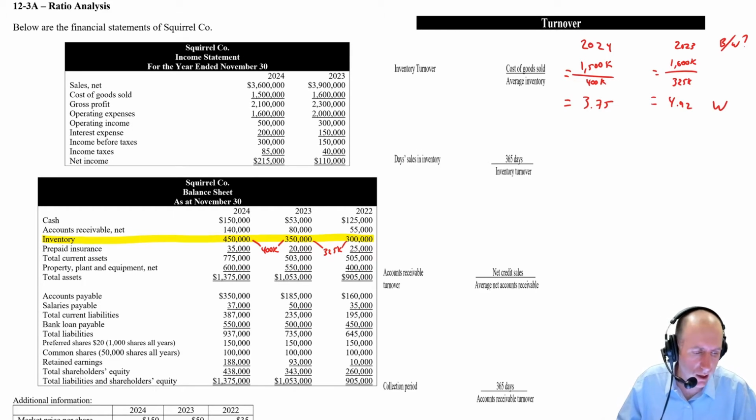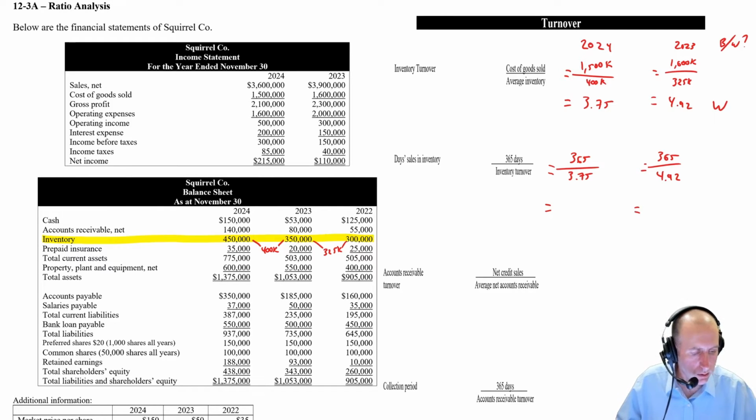Day sales in inventory measures the same thing, but puts it in more human terms, in my view. You take 365, divide by the inventory turnover. In this case, it's 365 divided by 3.75. Last time, it would be 365 divided by 4.92.